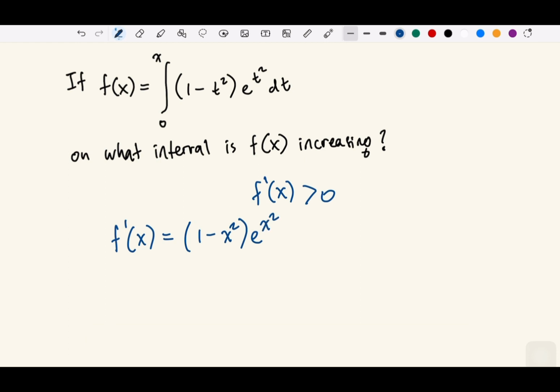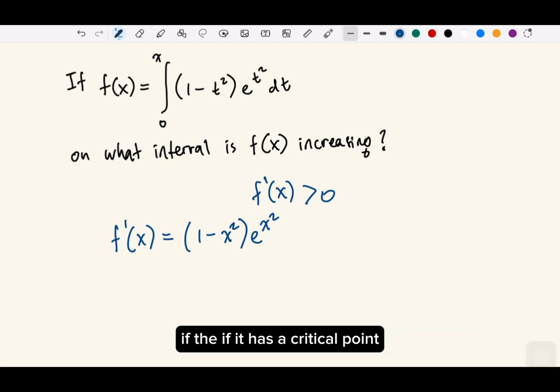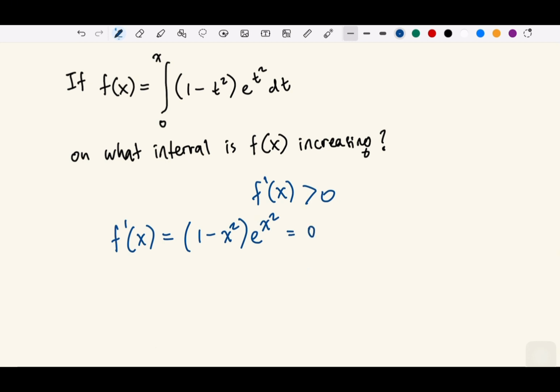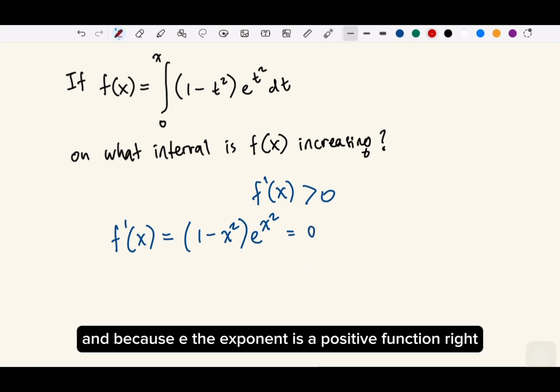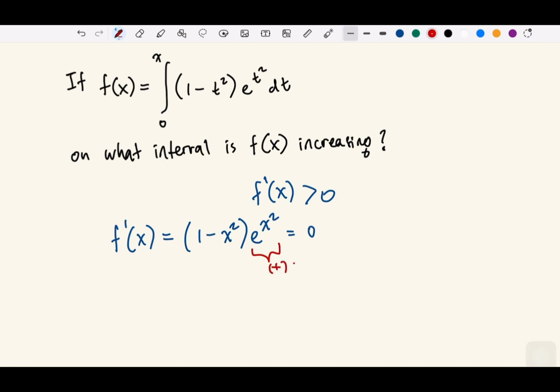Okay. And then maybe we are going to find the critical points, so we can let this equal to 0. And because e, the exponent, is always a positive function, okay, so we can write this as a positive function.